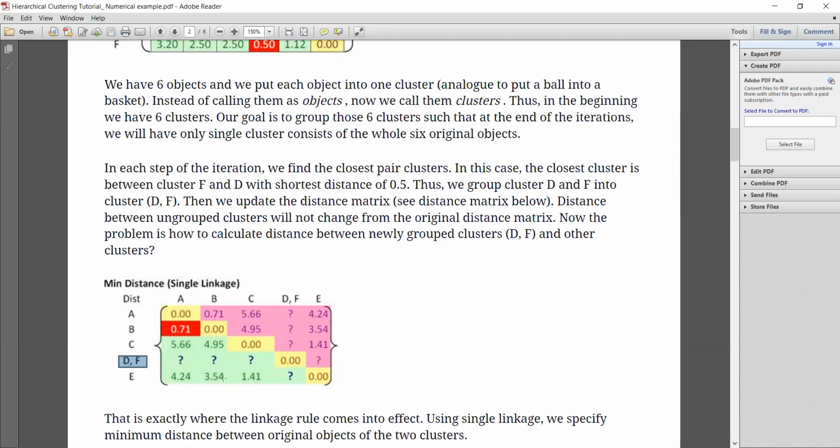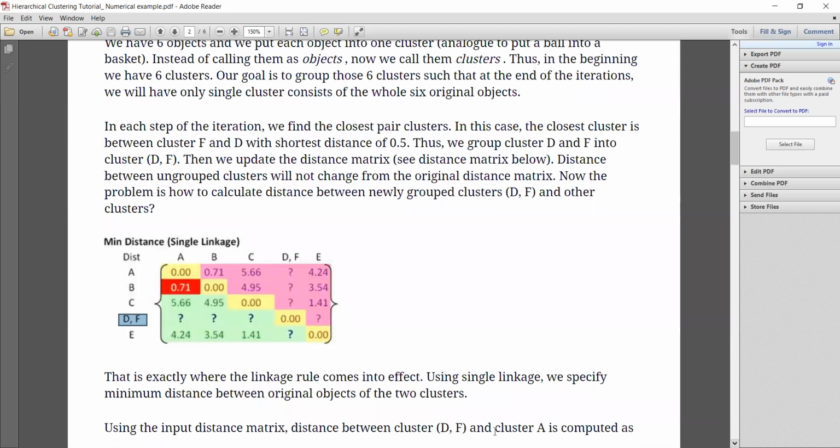Now you need to calculate the distances. We are using the single linkage method here. In the first iteration we do not apply the concept of single linkage because every cluster has only a single object. Now in the second iteration, we calculate the distance between the DF cluster and each and every other cluster in the data set.